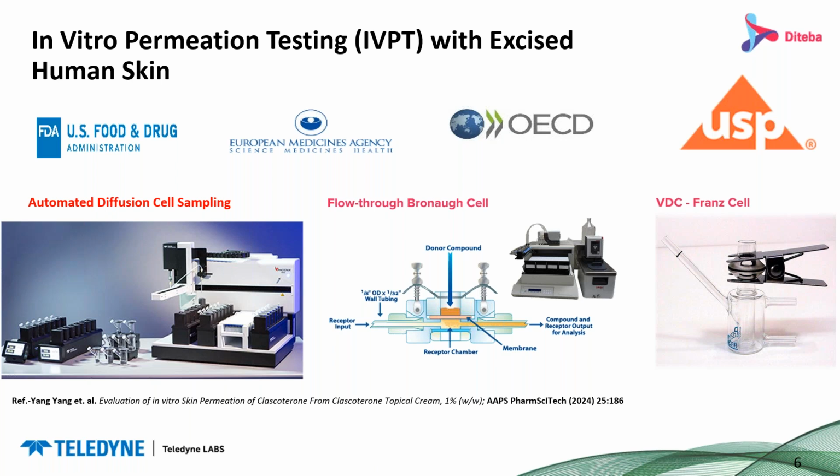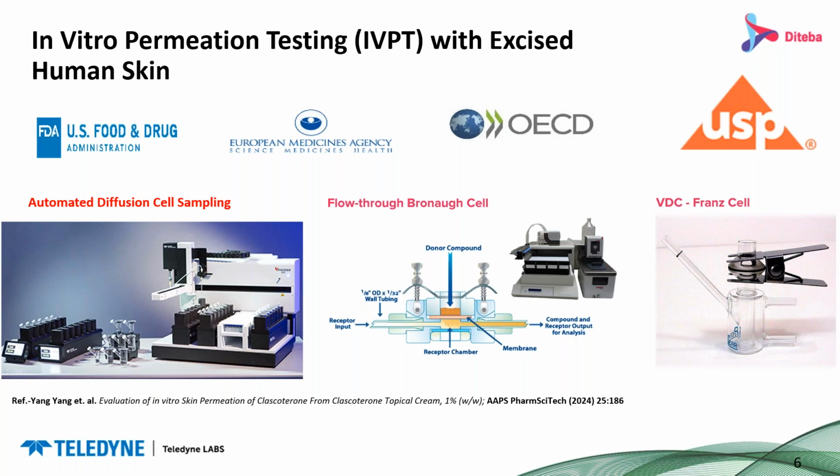The results of the study reveal that utilizing flow-through diffusion cells with fractional sampling minimizes clascoterone hydrolysis, providing more accurate quantification than vertical diffusion cells with aliquot sampling.